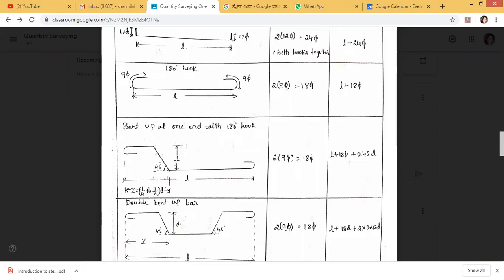This D is very important, and you have to calculate it in problems. Then how to calculate the length? The total length you will get directly from the length of the beam. And at what length is this bent up given? It is given at a distance of 1/4 to 1/6 of L.